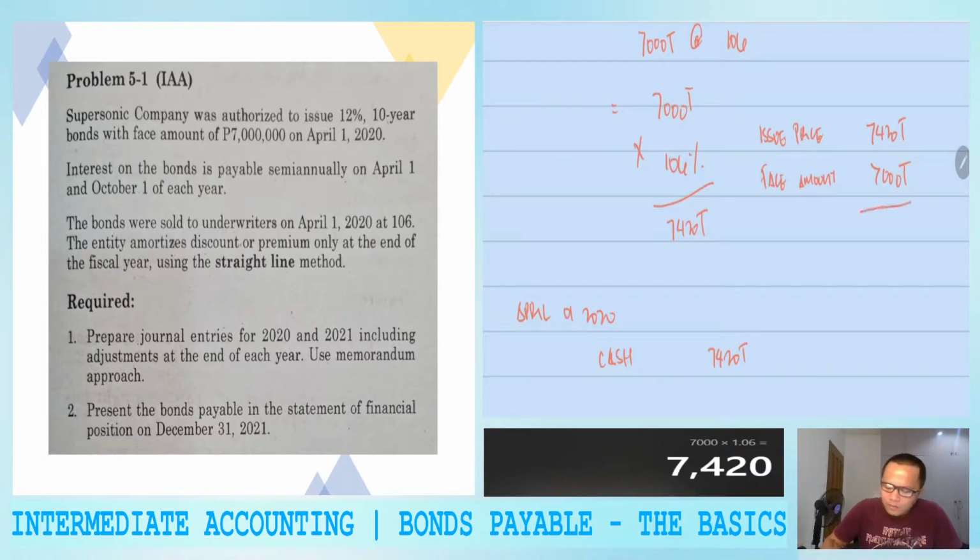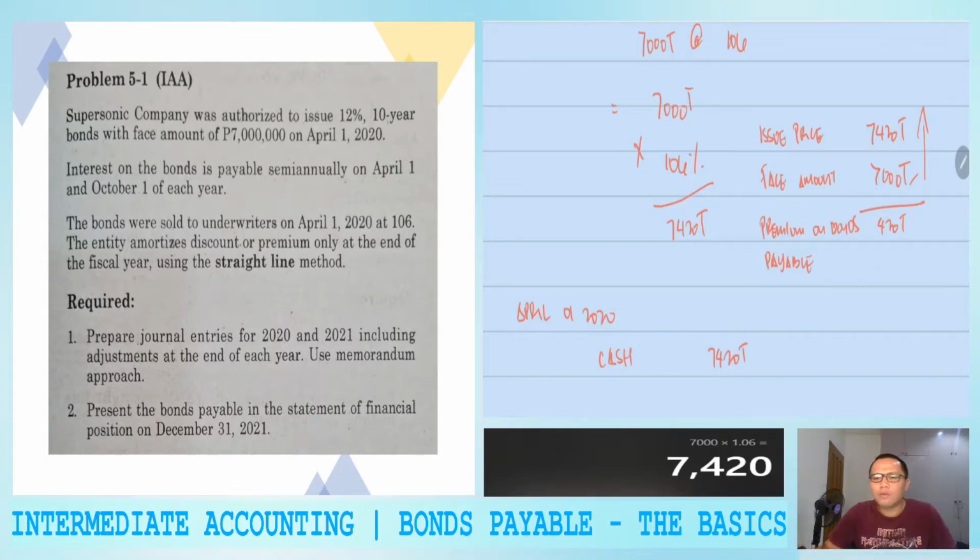Is there a difference? In this particular example, that is 420,000. If the issue price is higher than your face amount, that is premium on bonds payable.